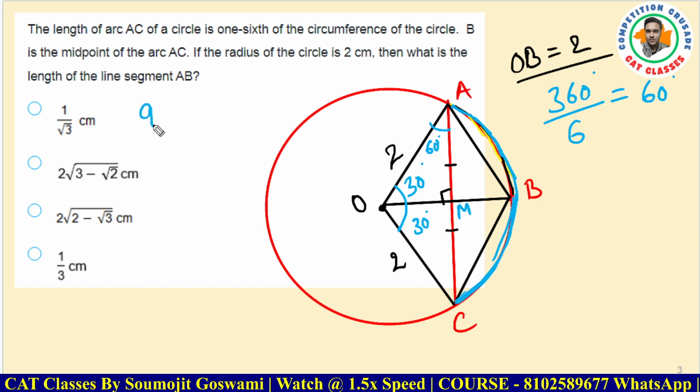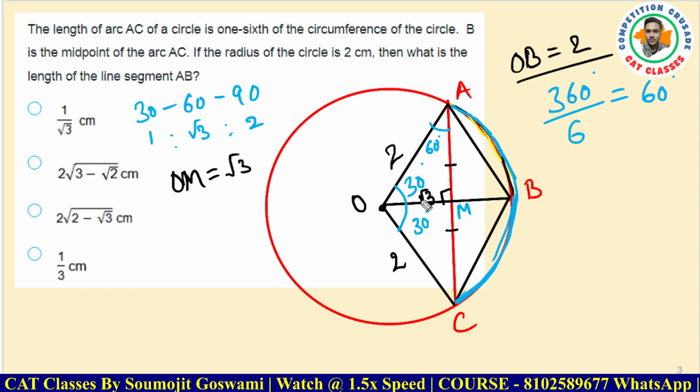Now if you remember the 30, 60, 90 property, typically the sides are in the ratio 1, root 3 and 2. We are already given 2 opposite to 90. The side opposite 60 will be root over 3. So OM will be root over 3.